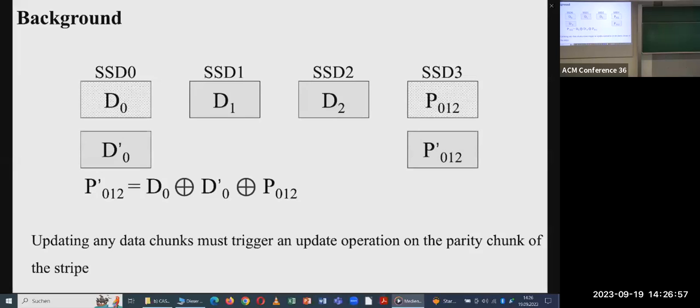More importantly, updating any data chunk must trigger an update operation on the parity chunk of the stripe, leading to parity chunks being the most frequently updated. Frequent parity chunk updating has a significant negative impact on I/O performance, and it also increases the frequency of garbage collection, which shortens the lifespan of SSDs.